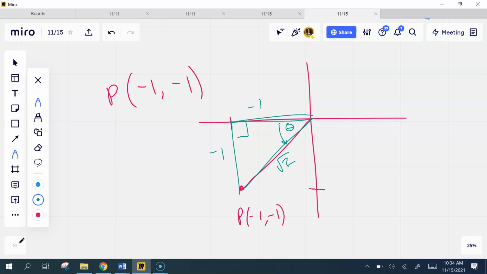All right. What is the cosine? If I rationalized it. Oh, this is interesting.